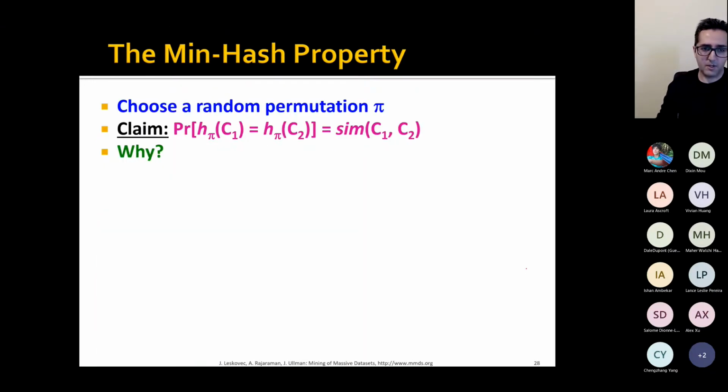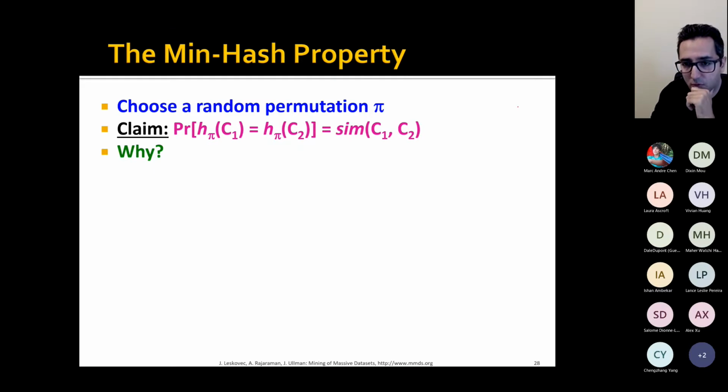So moving forward, how can we use the signature matrix to calculate similarity? Well, there's this theorem, and we have a proof for it here that says the similarity of two documents or two columns, C1, C2, is the same as the probability of the hashes being the same.